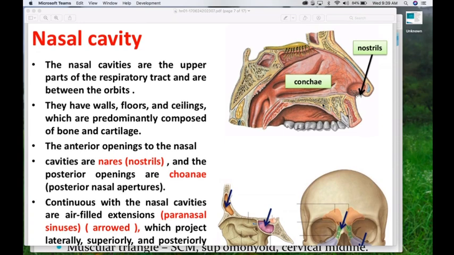Anteriorly it opens through the nostrils, and posteriorly to the most posterior part of the nose. What is this called? I'm asking you people. Ma'am, posterior nares.